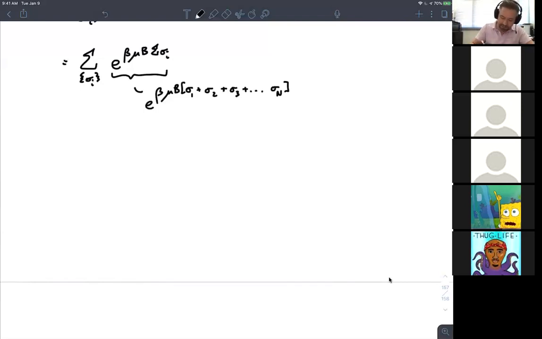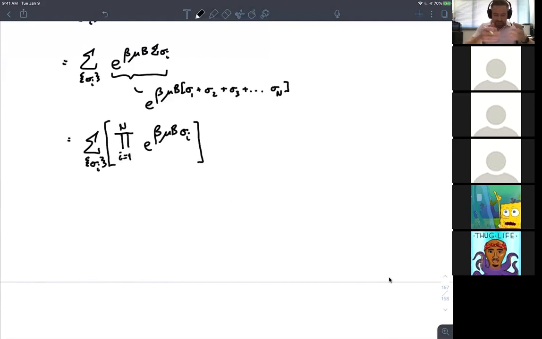So I can write this as sum over all spin configurations, product of all spins, e to the beta mu B sigma i.